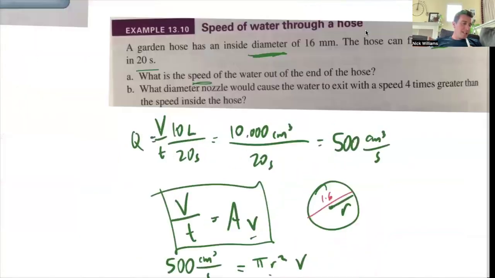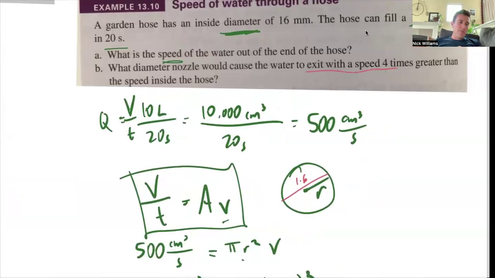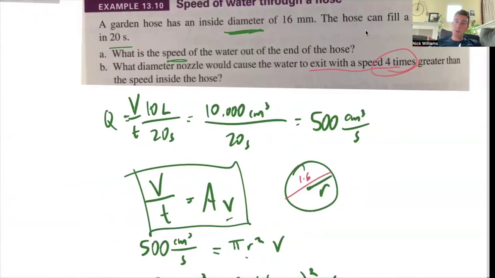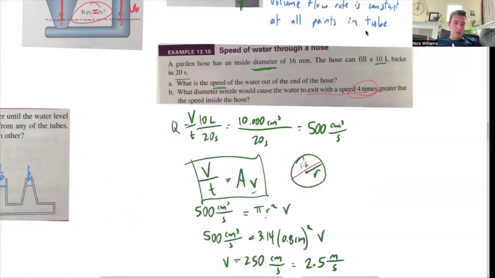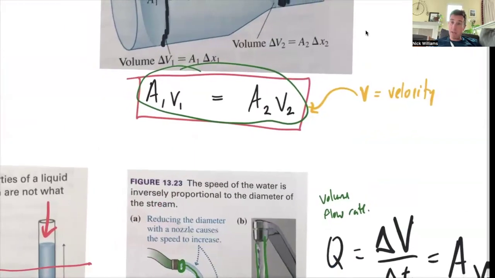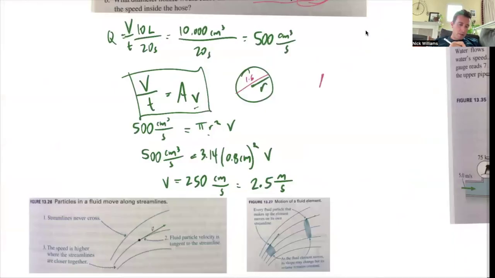Last piece. What diameter nozzle would cause the water to exit with a speed 4 times greater than the speed inside the hose? To get 4 times greater, I need to compare AV equals AV, because I'm trying to get a velocity that's 4 times greater.